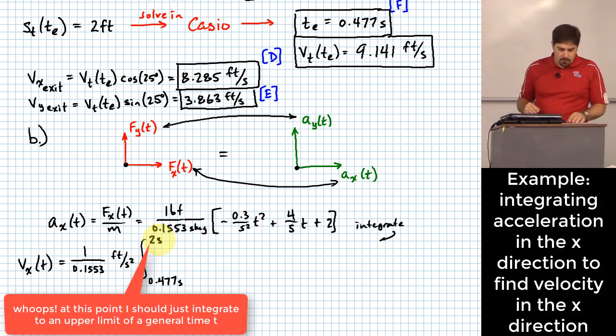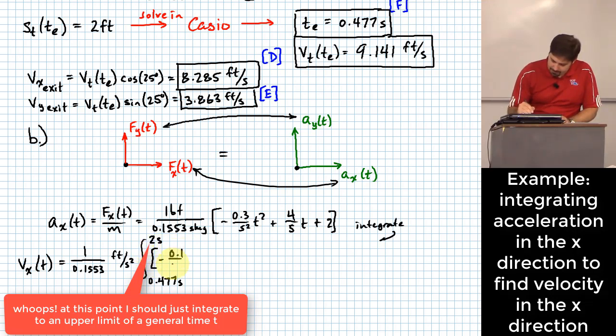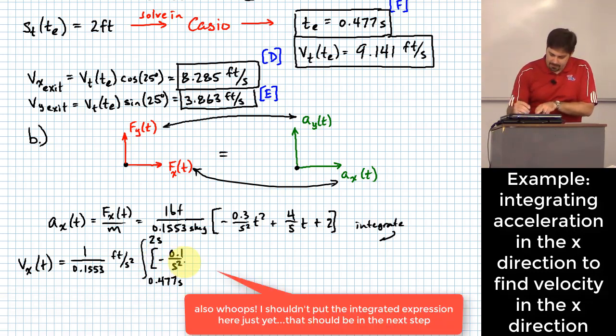When we integrate this, it's going to look very similar to what we did last time. It's going to be negative 0.1 over second squared t cubed plus 2 over seconds t squared plus 2t.